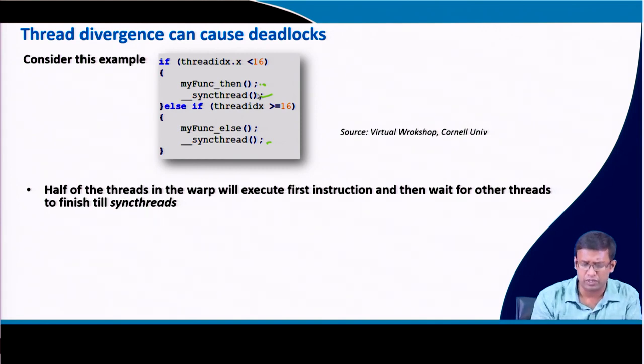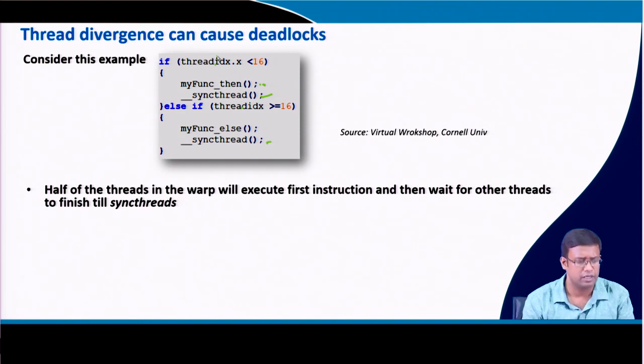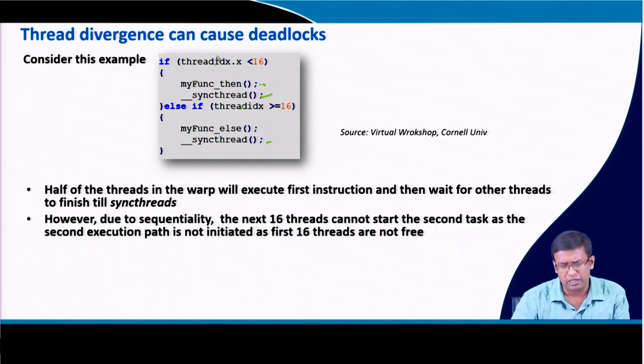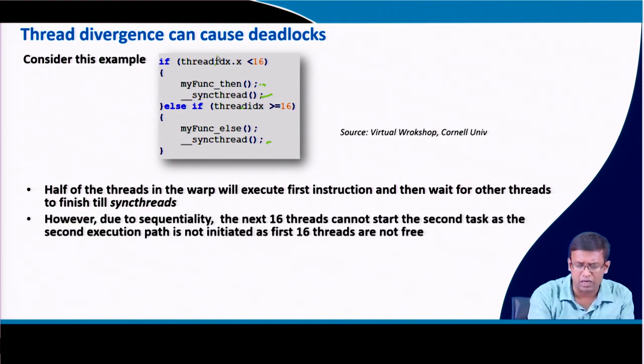Half of the threads in the warp will execute the first instruction and wait for the others to reach the sync threads, but the others cannot get there until this branch is over. There is a sequentiality in operation due to thread divergence. The next 16 threads cannot start the second task because the second execution path, the else if, has not been activated. Therefore, the code stalls.